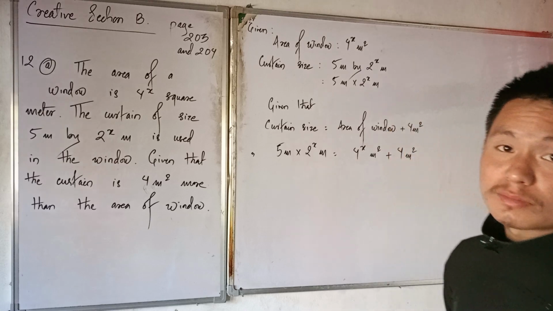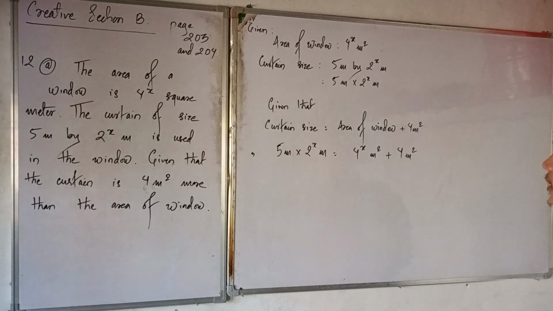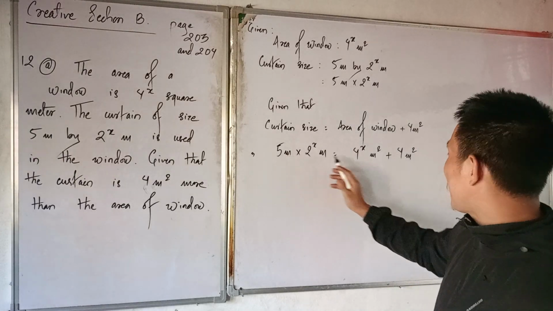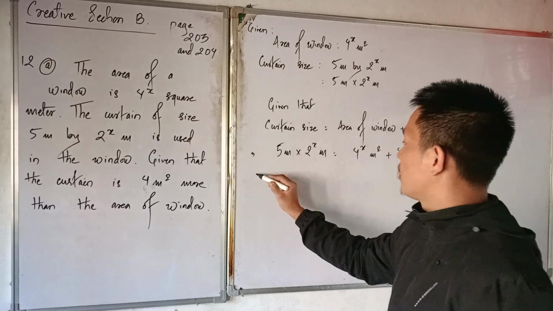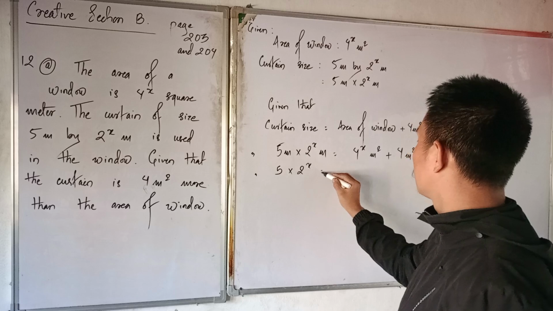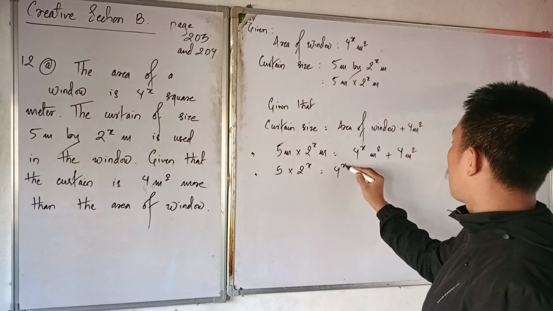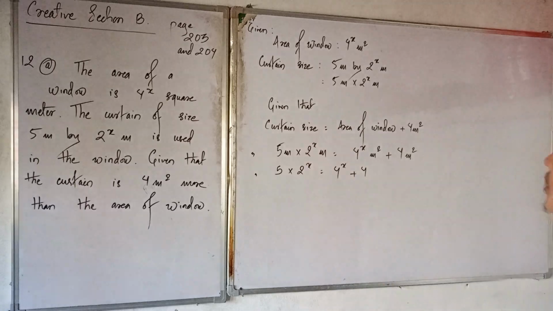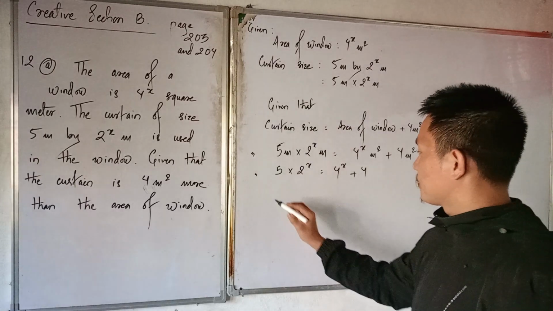Now this is the equation that we need to solve. Until you solve this equation, you just neglect the units. You only write 5 into 2 power x equals 4 power x plus 4. Then you just simplify.